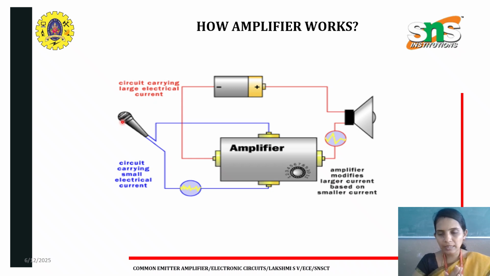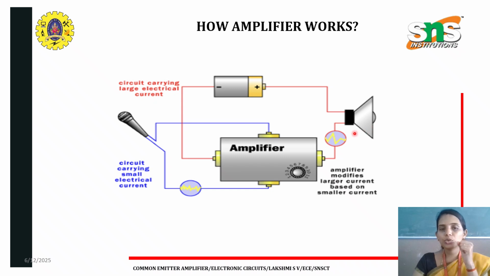That electrical signal is then given to the amplifier circuit. So this is our amplifier. What it does is modify the larger current based on the smaller current. This is the circuit which is carrying larger electrical current, whereas this is the circuit which is carrying smaller electrical current. At the end, we see the speaker, that is, the loudspeaker.